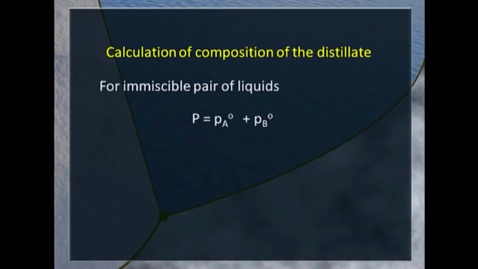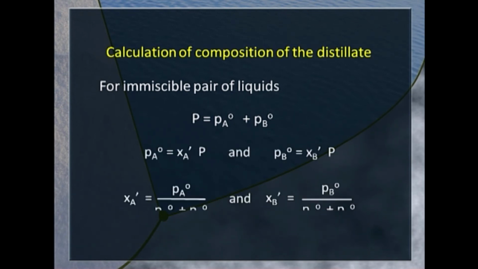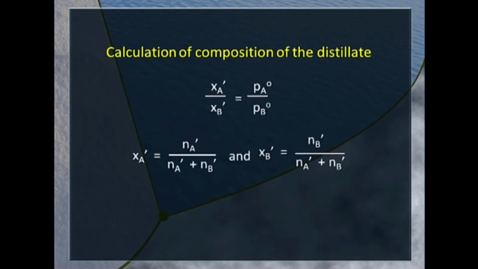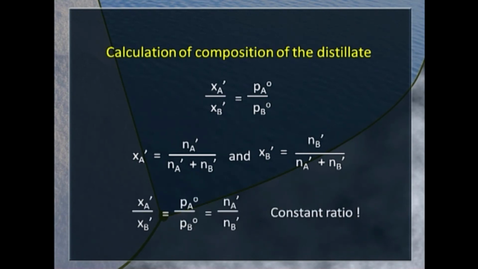We can calculate this by using the familiar equations that we have, and you are already familiar with it. We have come across these equations which relate the pressure, the partial pressure, the mole fraction in the vapor phase, the number of moles that are present in the system, and ultimately we can calculate and show that the ratio of the number of moles of each of the components present in the distillate is constant.